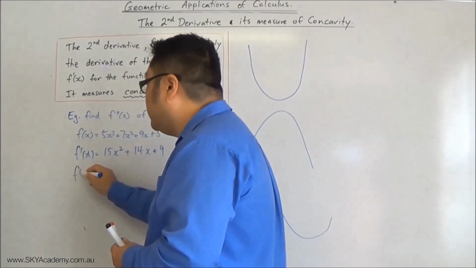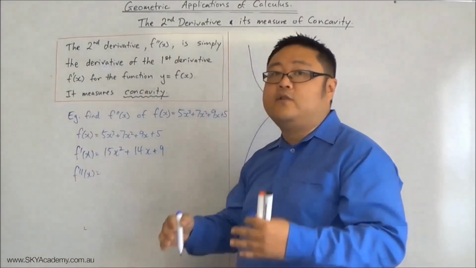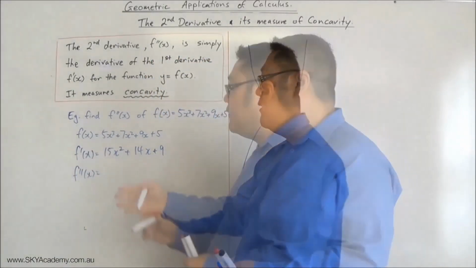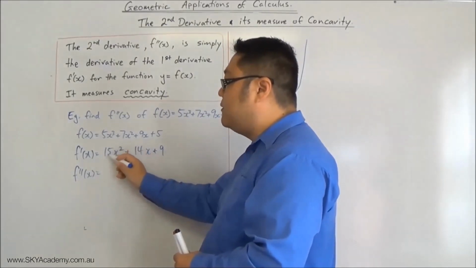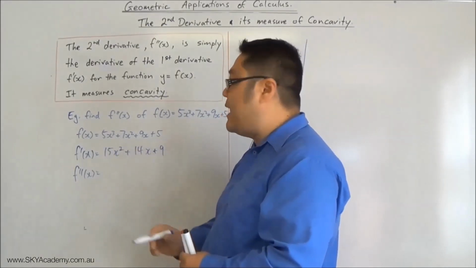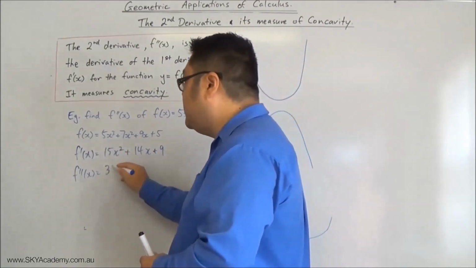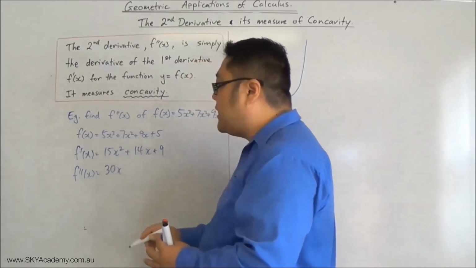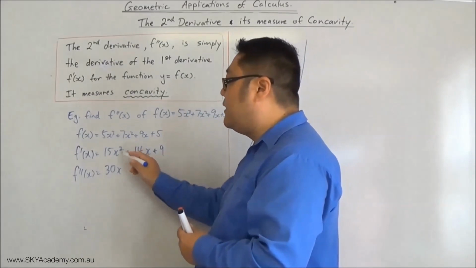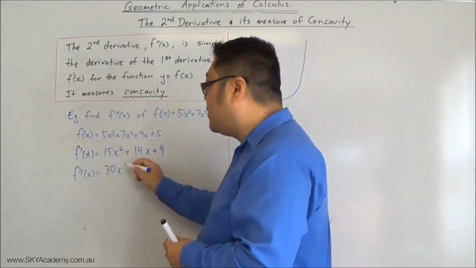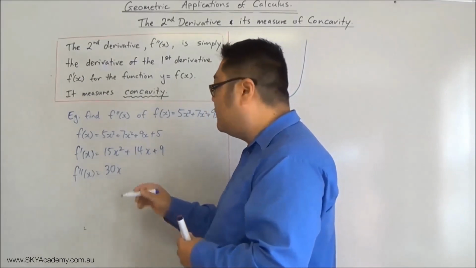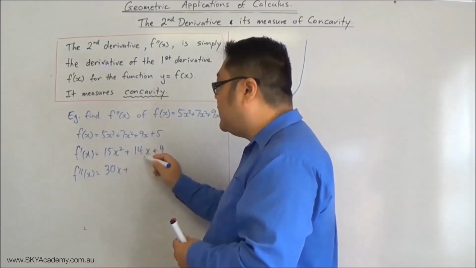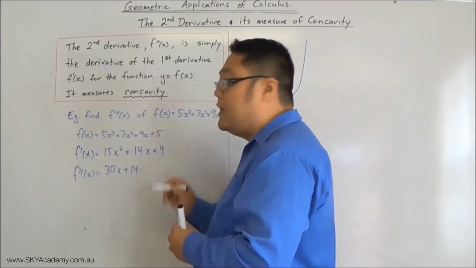Your second derivative would simply be a matter of doing the same thing all over again for the first derivative. So multiply the new coefficient by the power. 15 times 2 is 30. You put down the x, and the power of the x will be 1 less than the 2 that you've already got there, so it's 30x to the power of 1, which is just 30x by itself, plus 14x becomes 14, and 9 disappears.